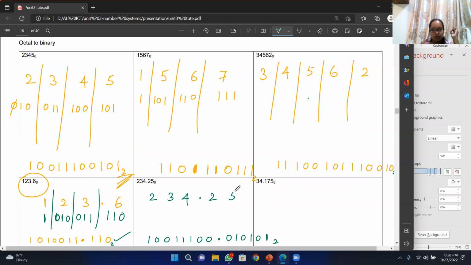2 5. 5 is 101, correct. 2 is 010, correct. 3 is correct. 2 is correct.